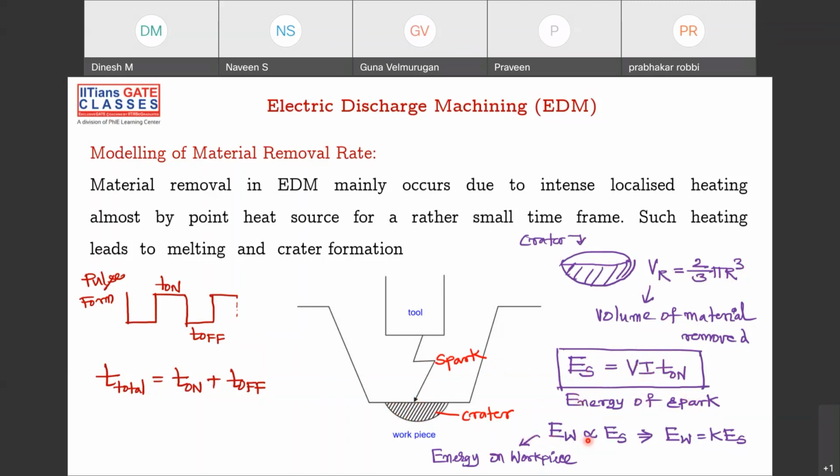Not total energy of the spark is utilized on removing workpiece. Some amount is removed into the tool also, but yet whatever energy is utilized onto the workpiece is directly proportional to the energy of the spark.